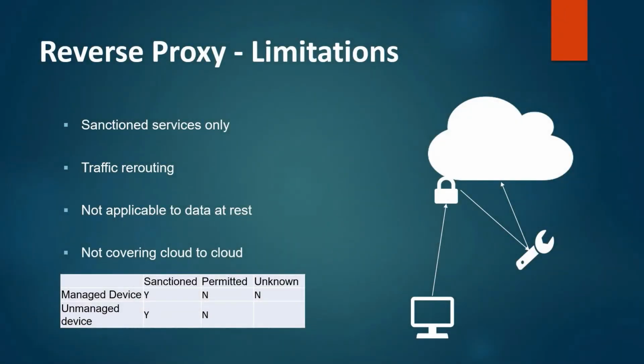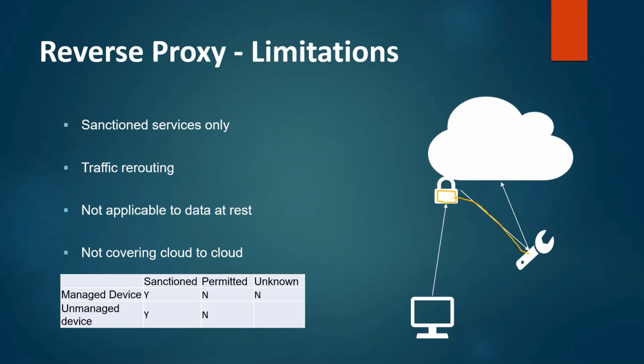Unmanaged devices can be controlled using reverse proxy CASB, but not for unsanctioned services. The key here is if you want to access your cloud service, you have to go through authentication, and from there, the rerouting happens, and that goes through CASB control.